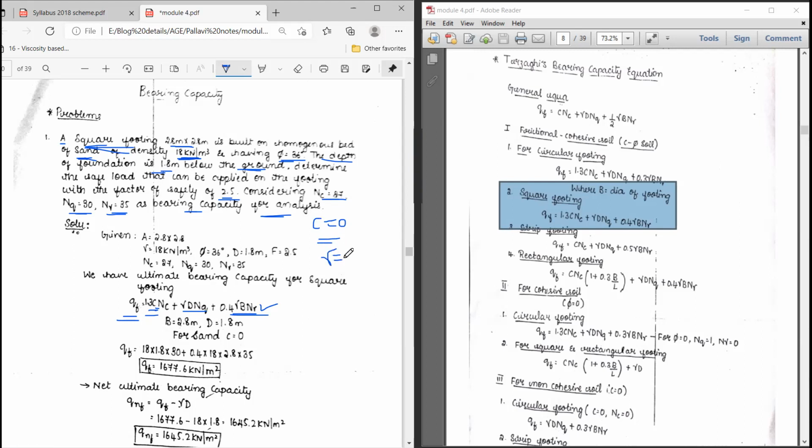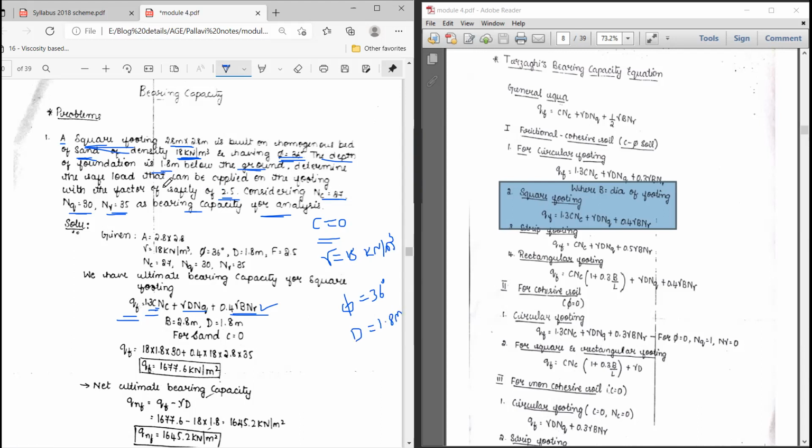Then he said that phi value is equal to 36 degree. Then the depth of foundation D value he has given, that is equal to 1.8 meter.